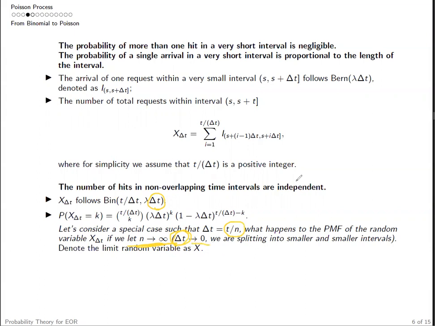We are splitting this interval from s to t, cutting it into finer and finer grains, right? Because now we are splitting into more and more small time intervals as we increase n. Now we have more and more intervals with shorter and shorter lengths.